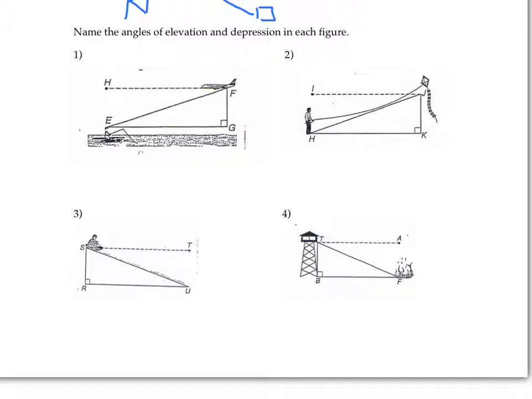From the perspective of the fisherman in the boat, looking up to the airplane, this angle, angle GEF, would be an angle of elevation. Now, if you're a person in the plane looking down to the boat, then this angle, angle HFE, would be an angle of depression.